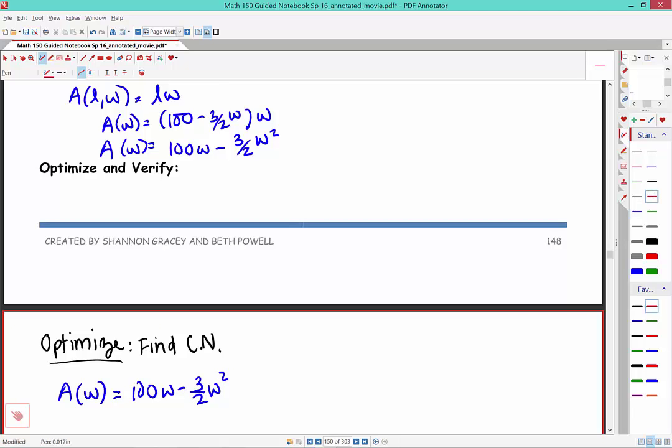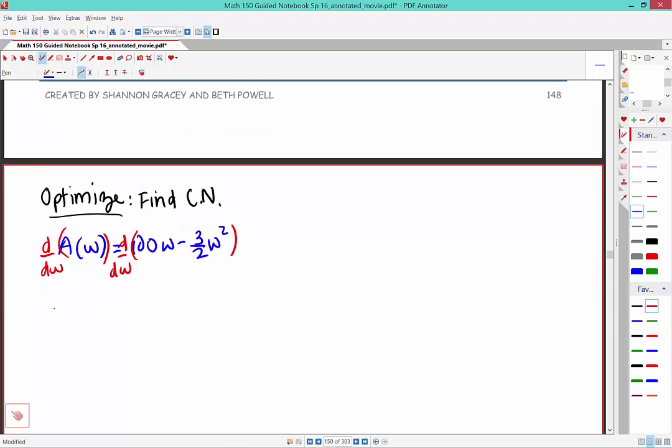And we, good, differentiate with respect to W, which will give us A prime at W equals 100 minus 3/2 times 2W.